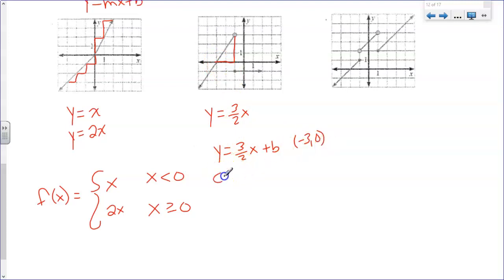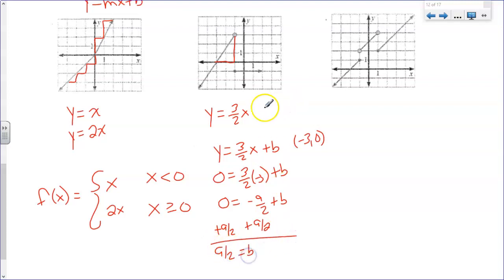I plug in what I know and then solve for my b. I have 0 equals negative 9 halves plus b. I add 9 halves to both sides, and I get 9 halves equals b. So that first function is going to be 3 halves x plus 9 halves.